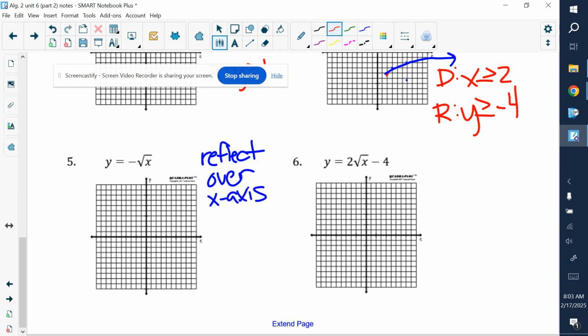So my 0, 0 is going to stay 0, 0. But instead of going over 1, up 1, we're going to go over 1, down 1. We're going to go over 4, down 2. Over 9, down 3.